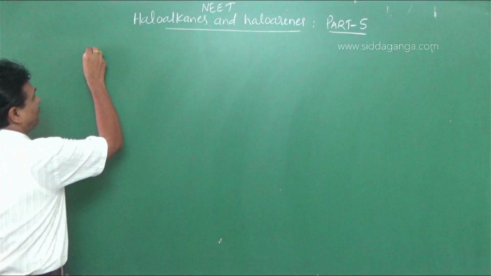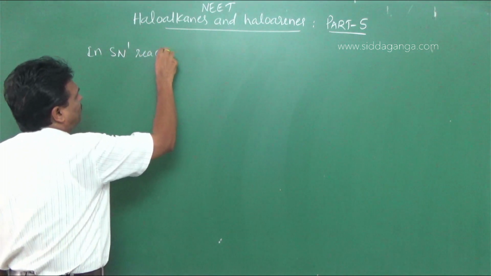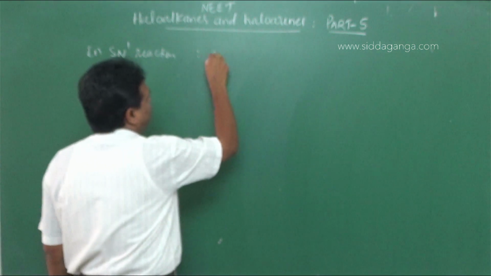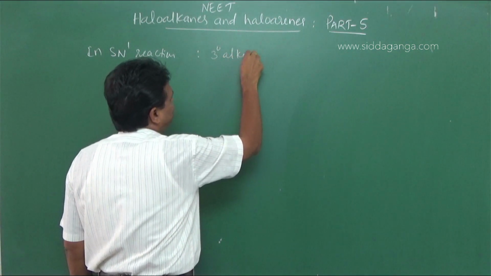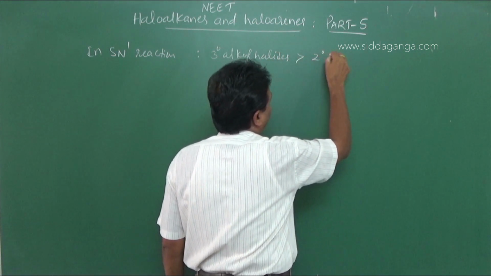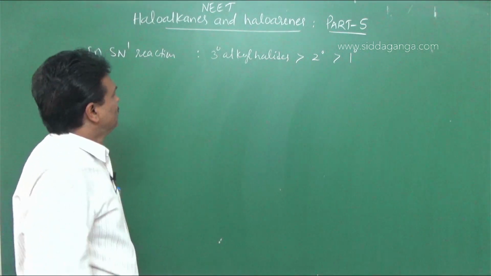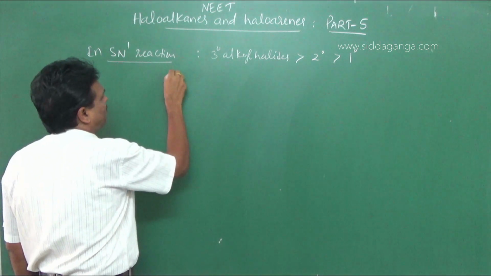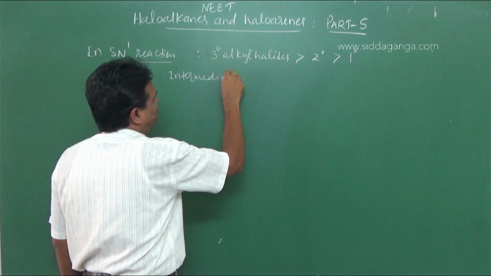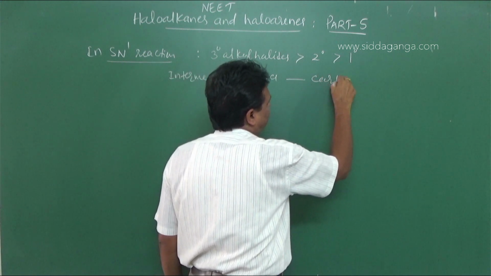So in SN1 reaction, the order of reactivity of alkyl halides is: 3 degree alkyl halides are more reactive than 2 degree, which are more reactive than 1 degree. In SN1 reaction, the intermediate species are carbocations.